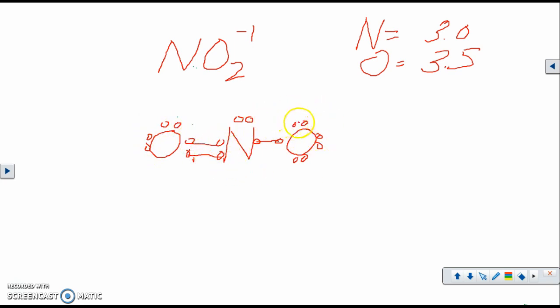This oxygen was already happy to begin with, and now this nitrogen has 2, 4, 6, 8. Everyone is happy. Everyone has fulfilled the octet rule. So again, if there's an extra electron floating around, look at their electronegativity. Whichever one has the higher electronegativity is going to get the actual electron.